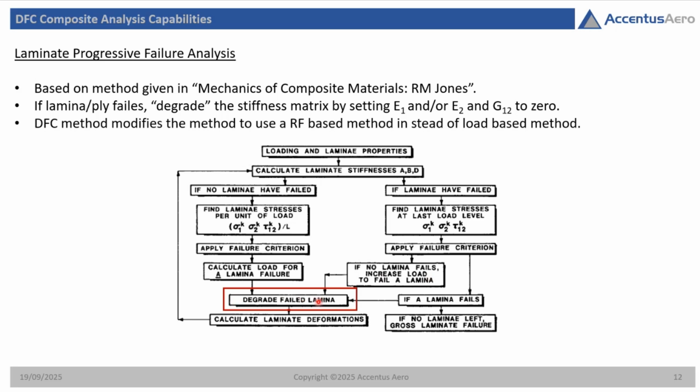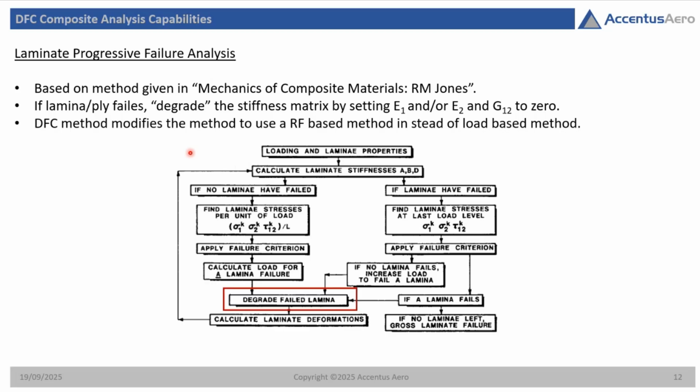In other words, you make the stiffness of that lamina basically 0 by setting your Young's moduli E1 or E2 and G12 to 0. Then you calculate the new ABD stiffness matrix, and you repeat this process by progressively increasing the load and degrading your stiffness matrix until there is no lamina left, and this will then give you gross laminate failure.